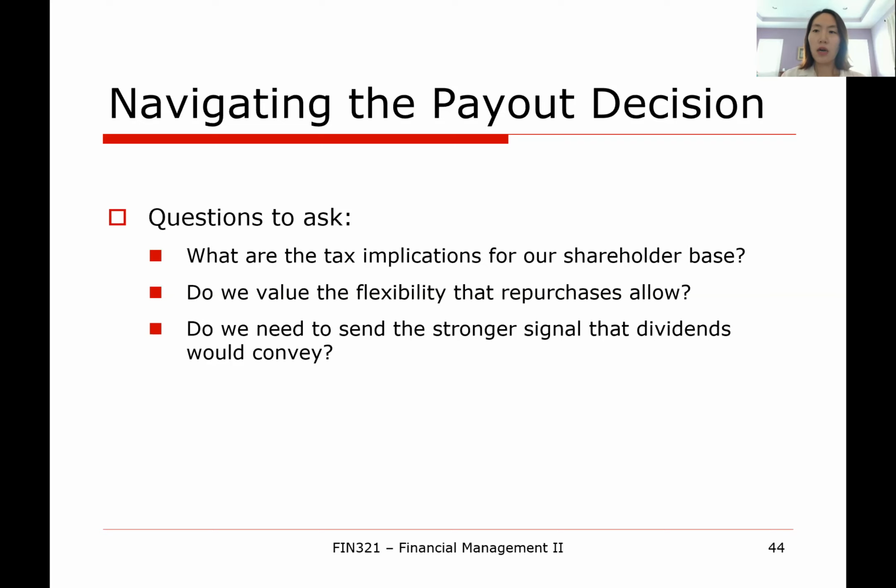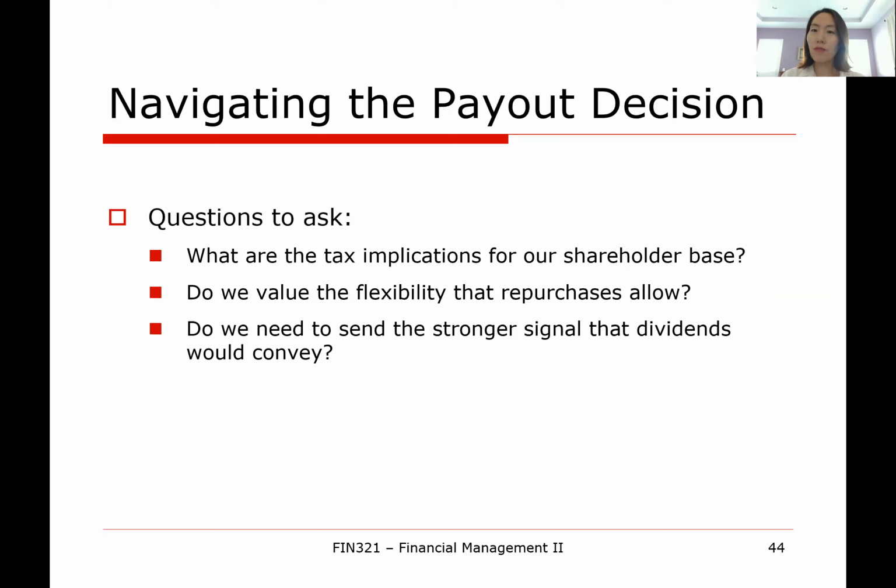Second, financial managers have to ask themselves how much they value the flexibility that repurchases allow. The third question is how much they need the stronger signaling power that dividends carry. Okay, so flexibility and strong signaling power are trade-offs.